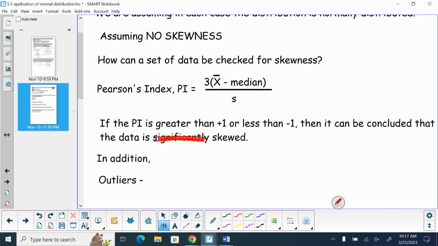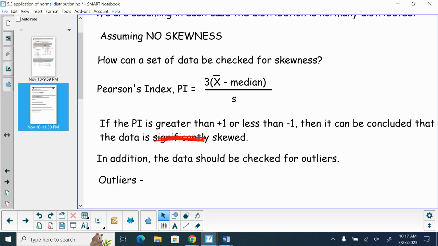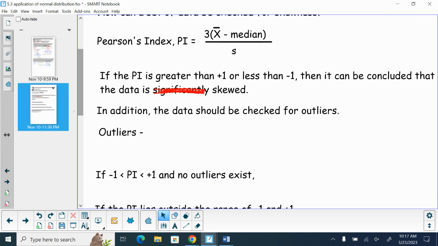In addition, you also have to take a look at outliers. There's a lot of things that go into skewedness. You have outliers. Outliers are going to skew data also.